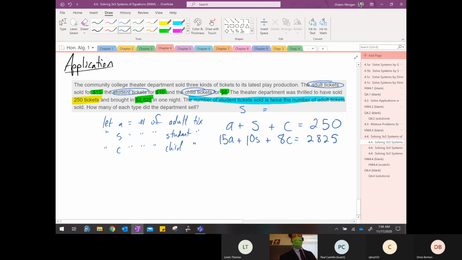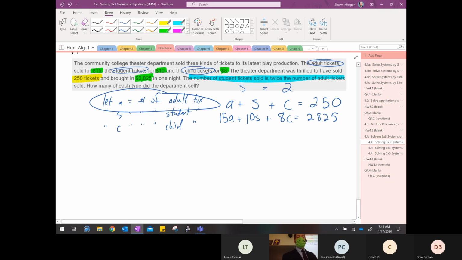What's twice the number of adult tickets? Twice something means do what? Multiply by 2. And how many adult tickets are there? Nope. Read right here. There's A adult tickets. So we want 2A. So S equals 2A. All right.